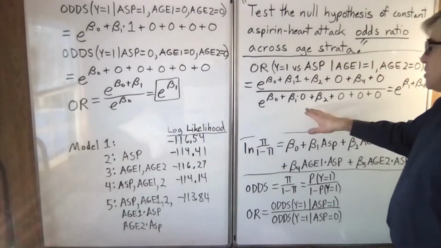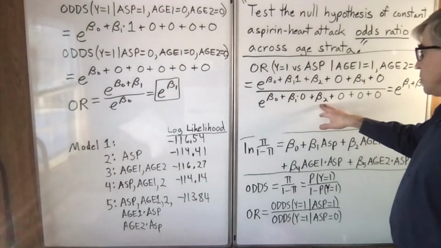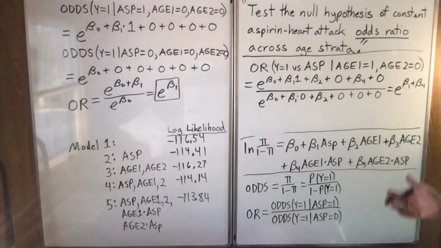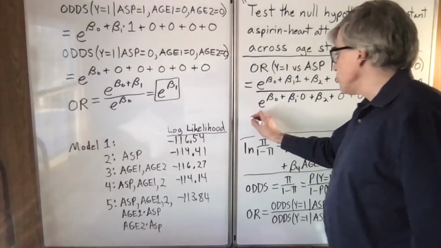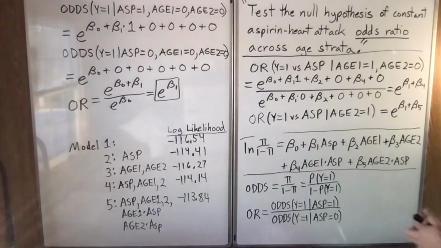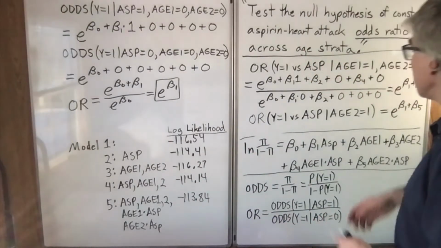But if aspirin is 0, the only things that aren't zeroed out are beta 0 and beta 2, so that when we cancel everything, we get e to the beta 1 plus beta 4. Similarly, if we just did age 2 instead, the odds ratio is going to be e to the beta 1 plus beta 5.